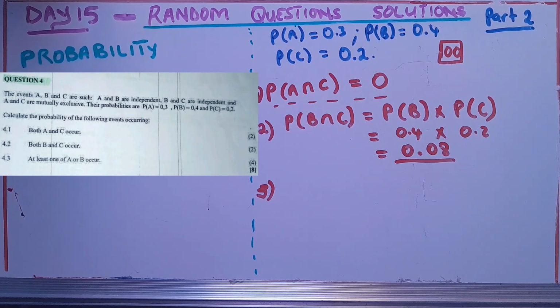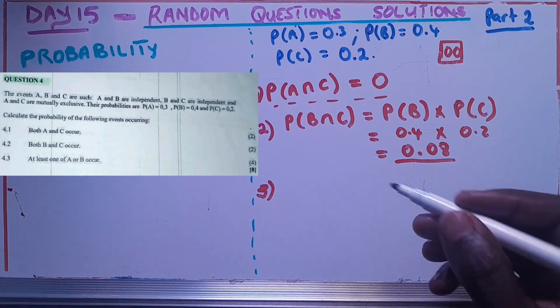Now let's move on to the last one. They said what is the probability that at least one of A or B will occur? So we are looking for the probability of A or B. But we cannot find the probability of A or B without finding the probability of A and B first.